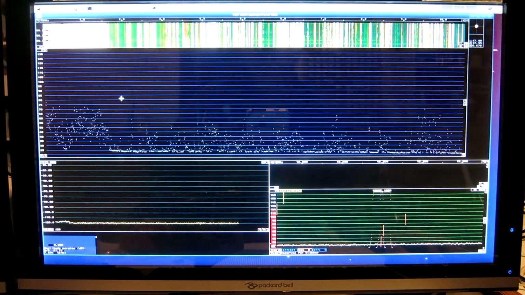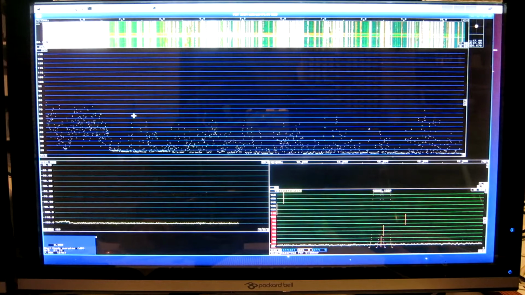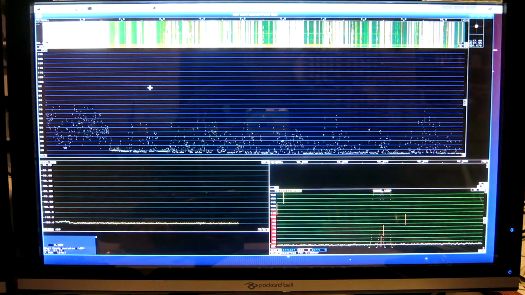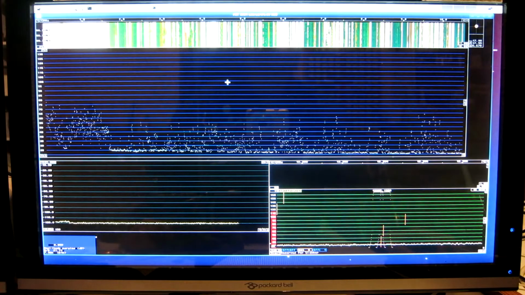That would allow a proper window to get rid of the spurs, the resampling spurs I showed before, and also get rid of the glitches that happen now and then due to inadequate CPU speed, or maybe inadequate programming, I don't know.